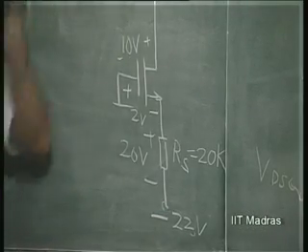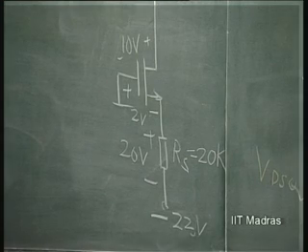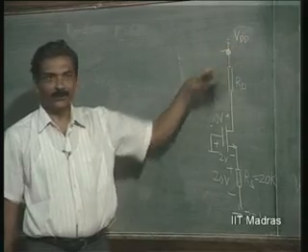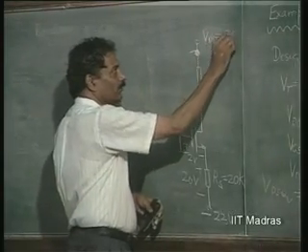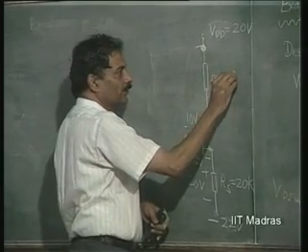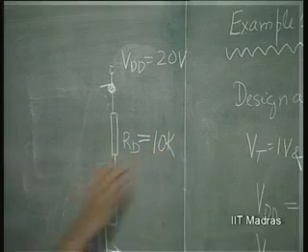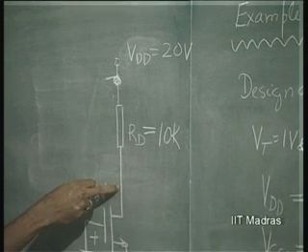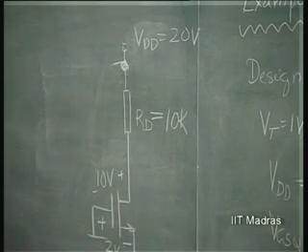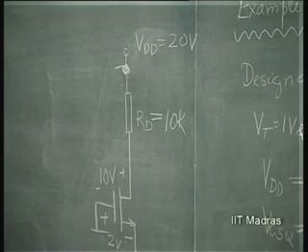So, now RD is going to be selected as 10K in order to make VDD equal to 20 volts. So, VDD is equal to 20 volts. RD is equal to 10K, because this 10 volts is already given to this, the other 10 volts can be given to RD, so that this VDD becomes equal to 20 volts.